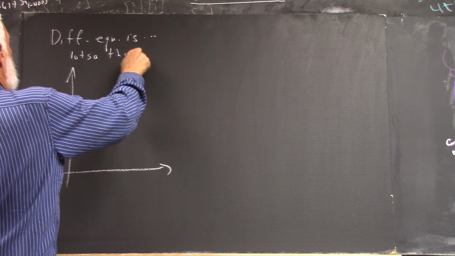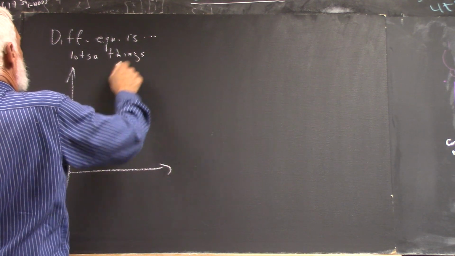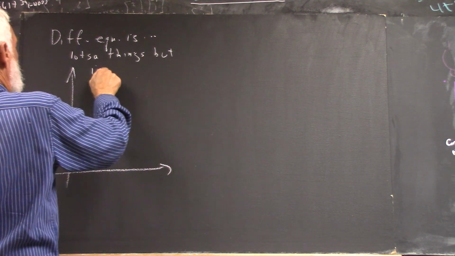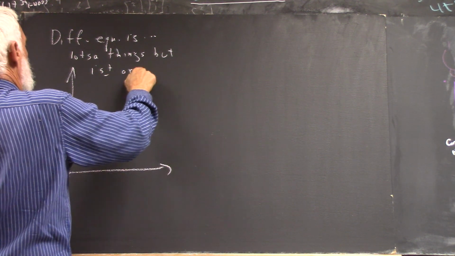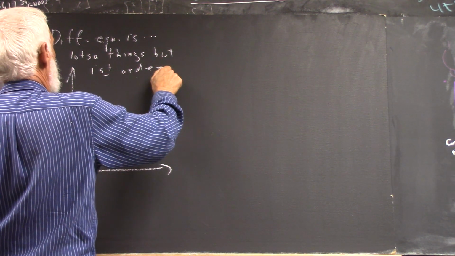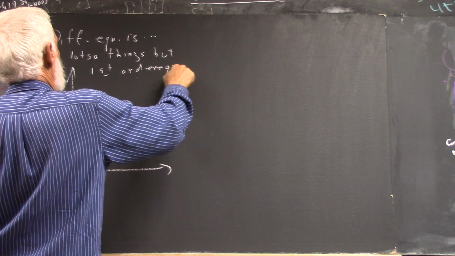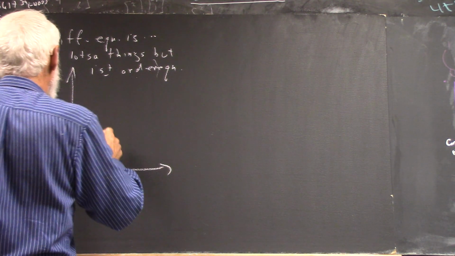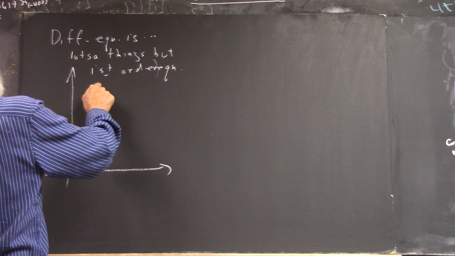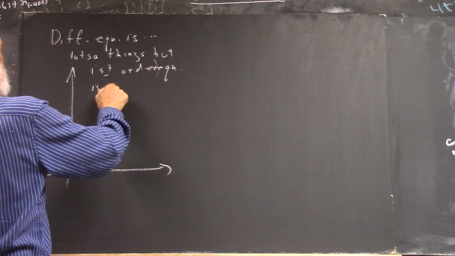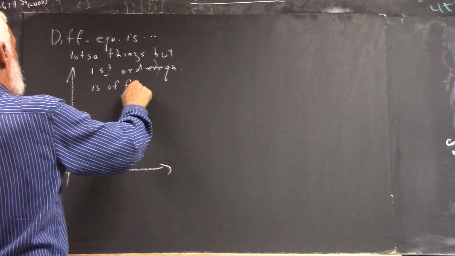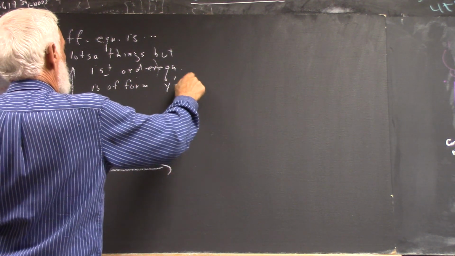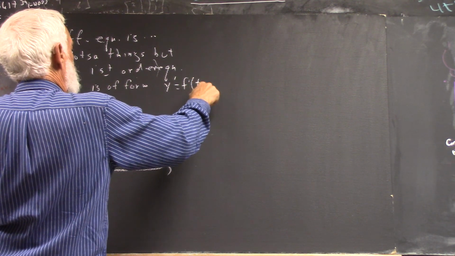Okay, a differential equation can be lots of things. A first order equation is of the form y prime equals f of t, y.